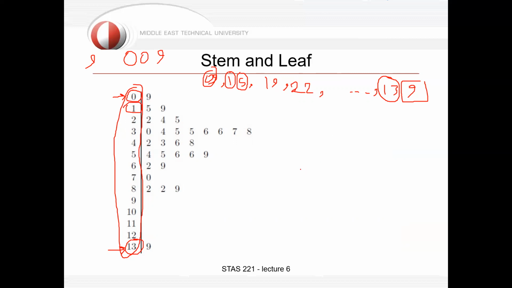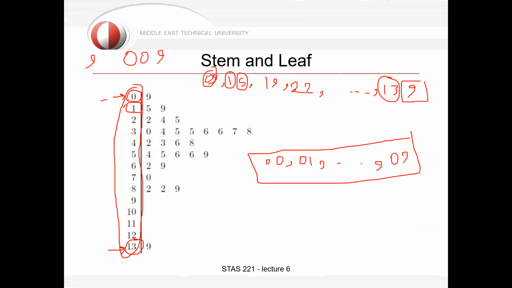So from 1, even from 0, 0 to 9, all of them will be inside this row, right? So by looking at this diagram, I understand only I have one value, which is 9 inside this interval. By looking at the second row, I understand that 15 and 19 are the values that it has.